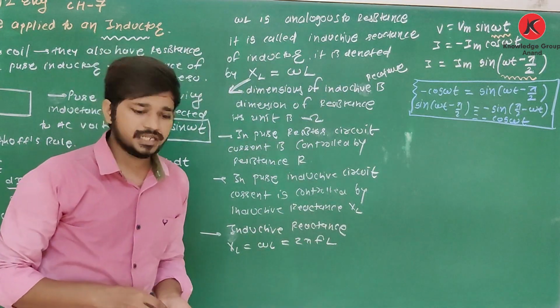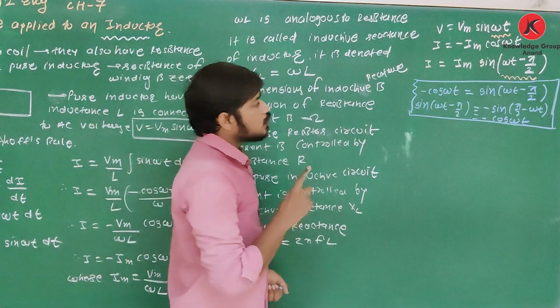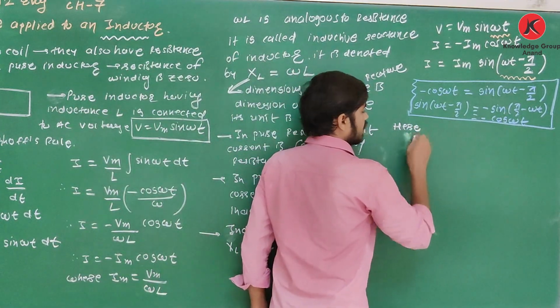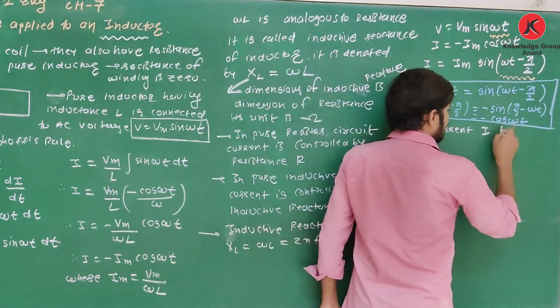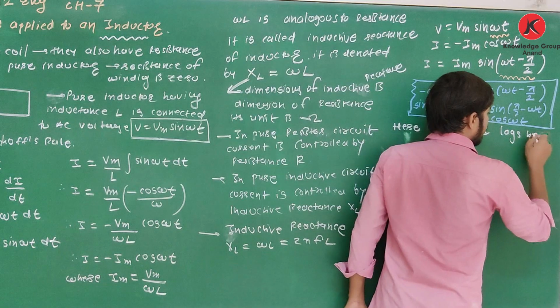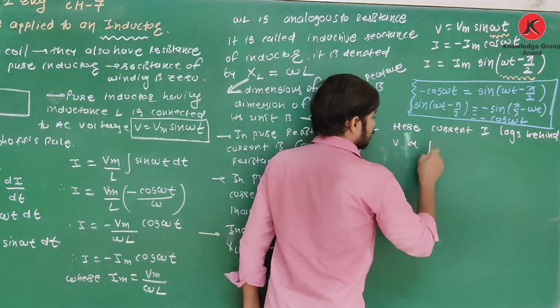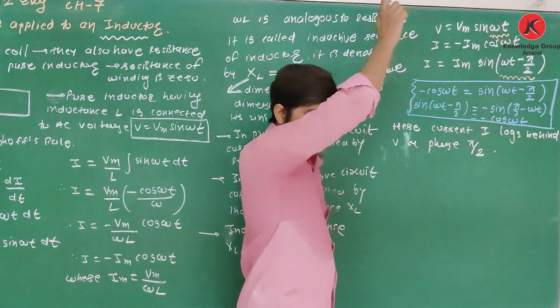Yes or no? So omega t minus pi by 2 means here current I lags behind voltage by phase pi by 2.